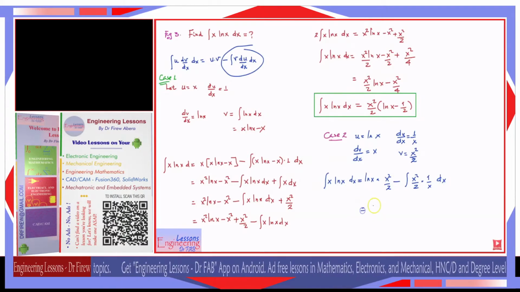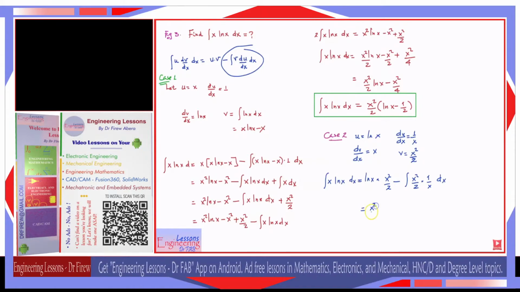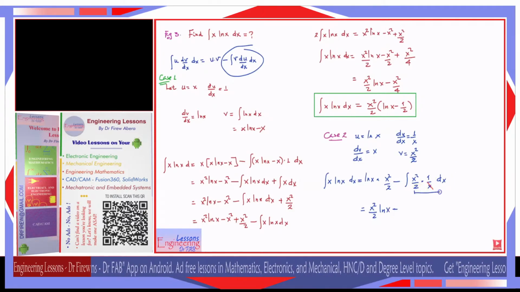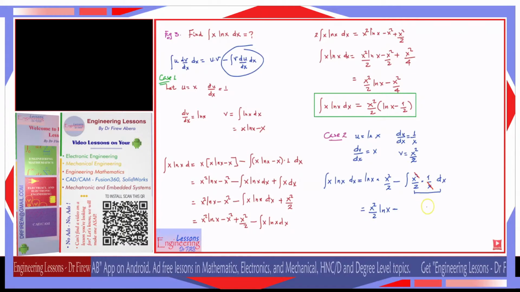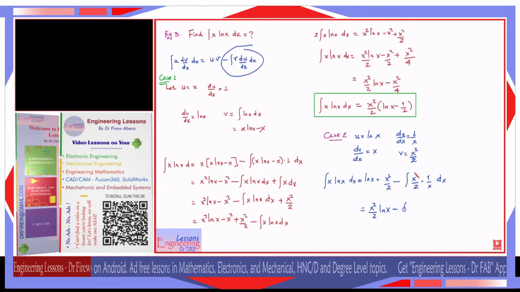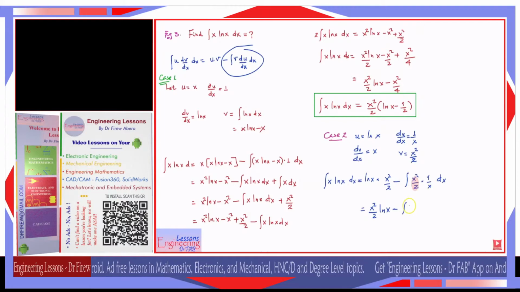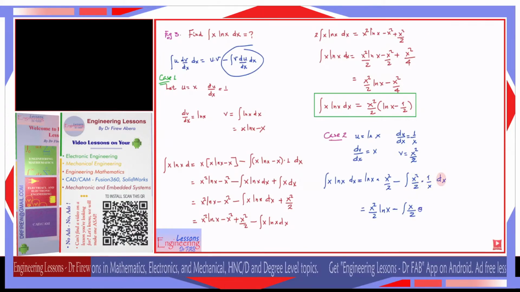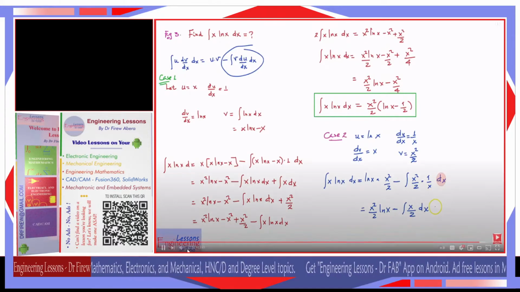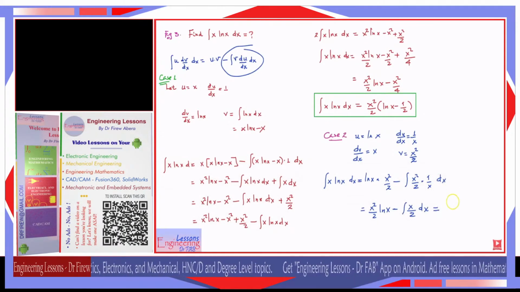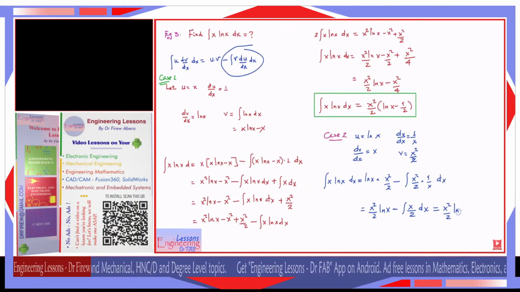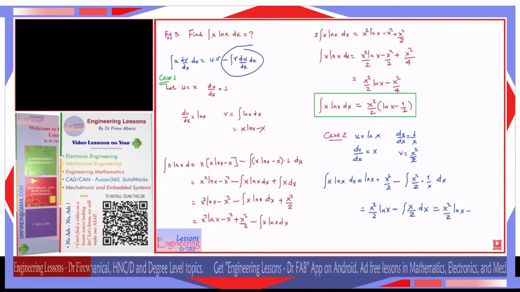So this equals x squared over 2 ln x minus the integral of x over 2 dx.